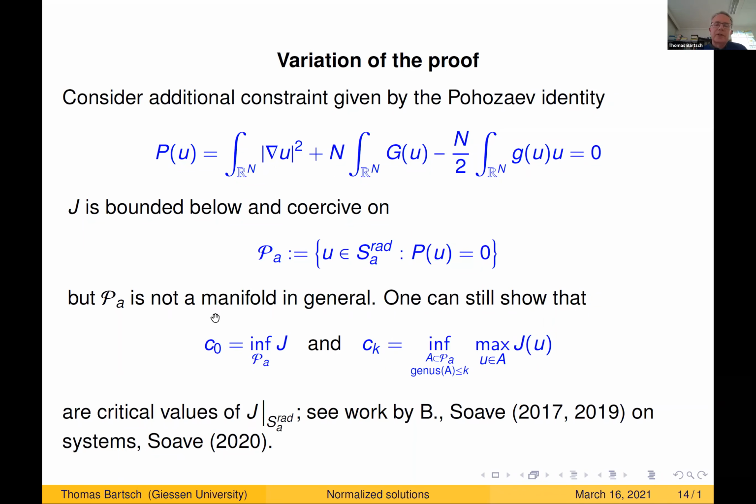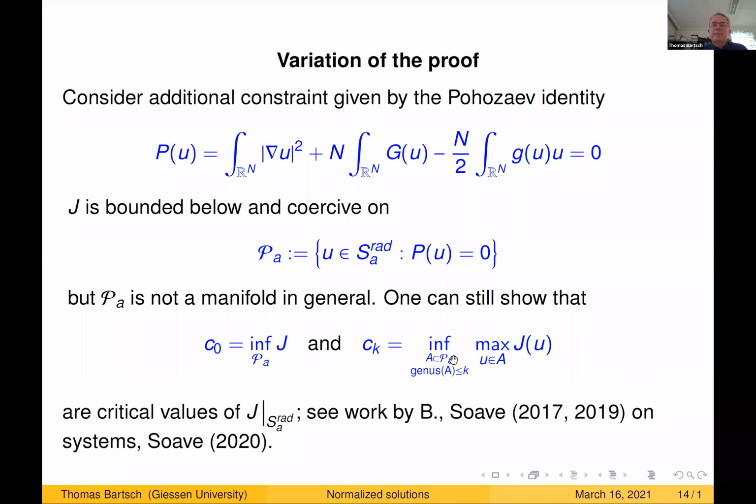It is not a manifold in general, but still one can do some critical point theory on this P sub A. One can prove that the infimum is achieved, and that this infimum actually corresponds to the mountain pass value for the functional on the sphere. This is now an infimum on the Pohozaev manifold.